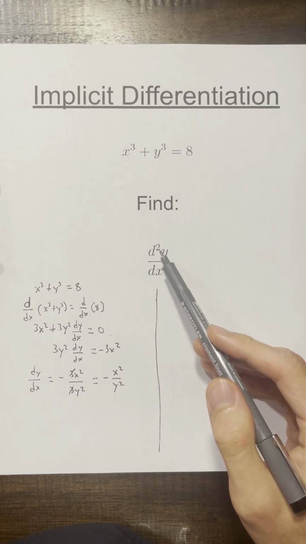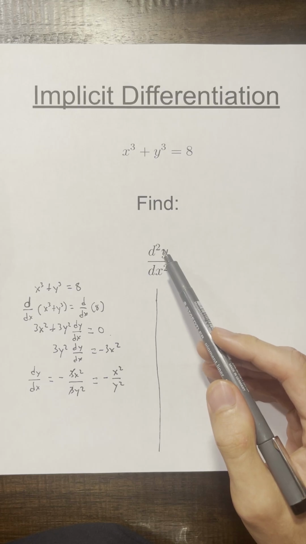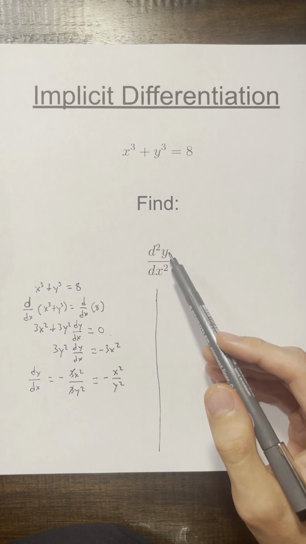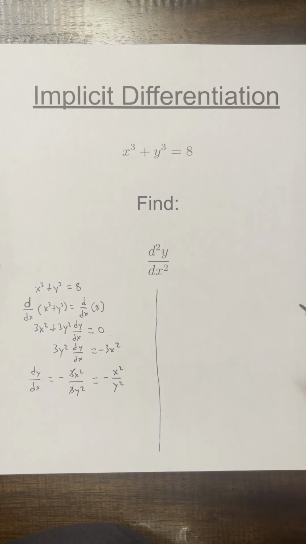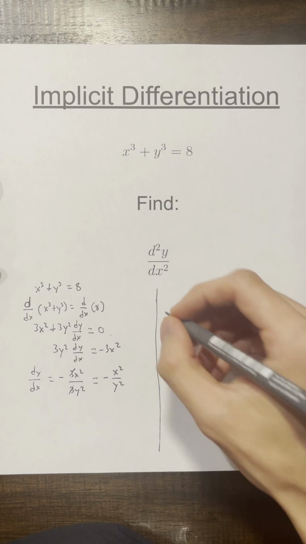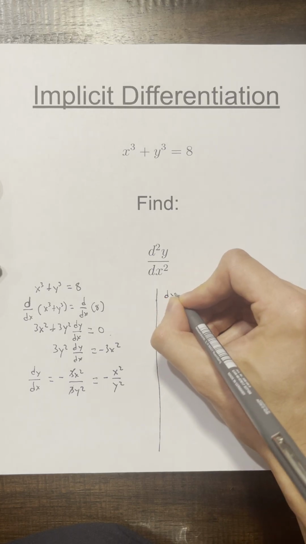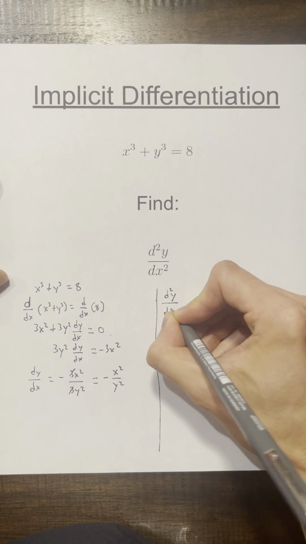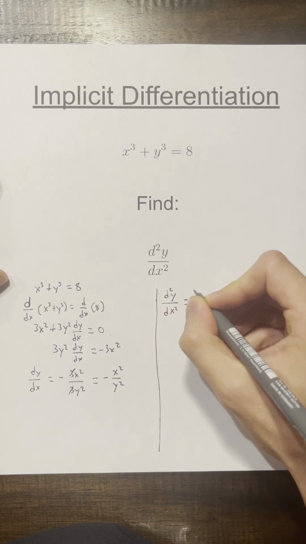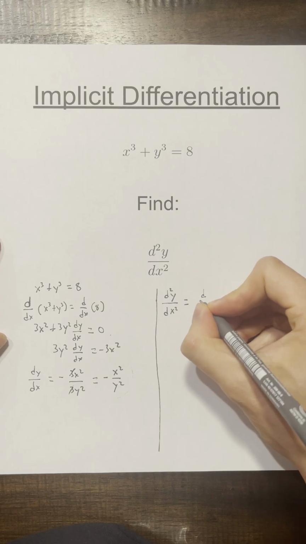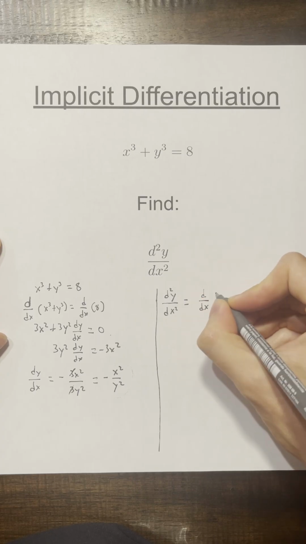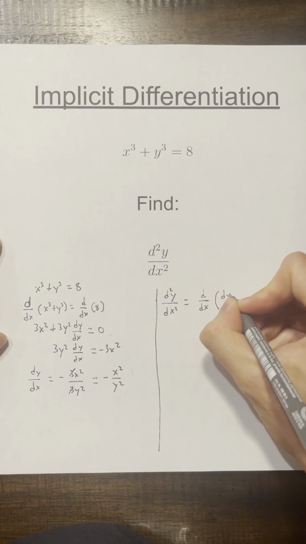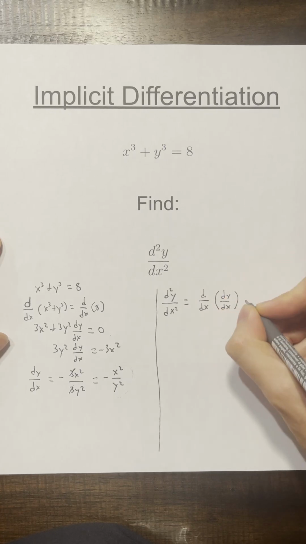How do we figure out the second derivative of y with respect to x? So to do that, it's going to be d dx of dy dx, which is going to be d dx of what?